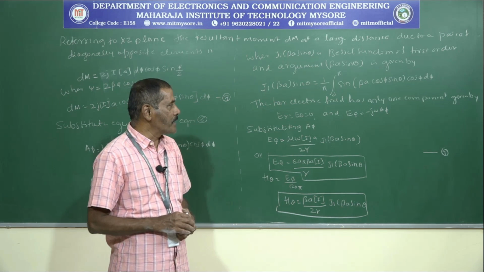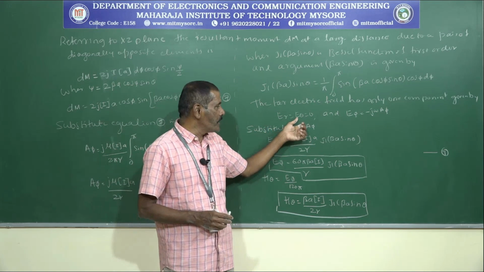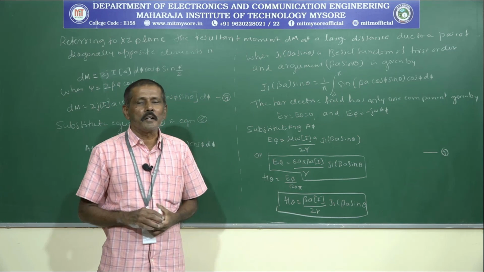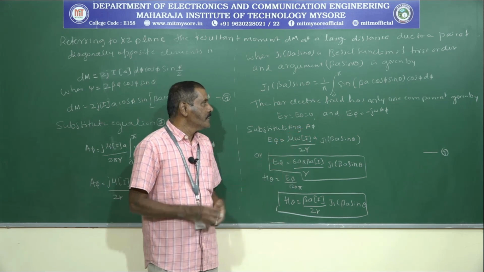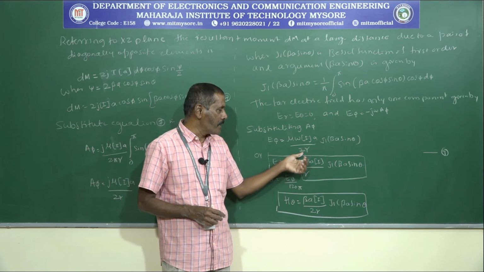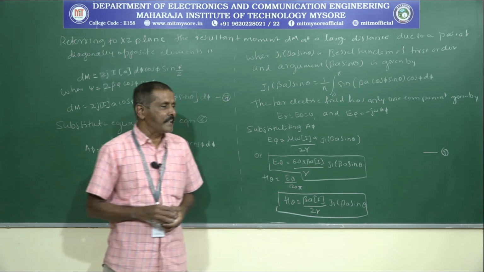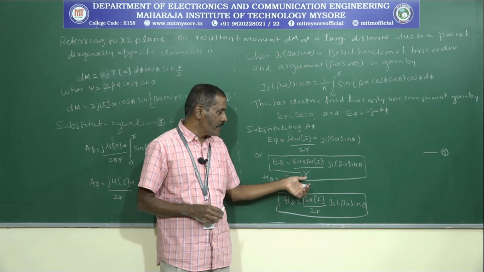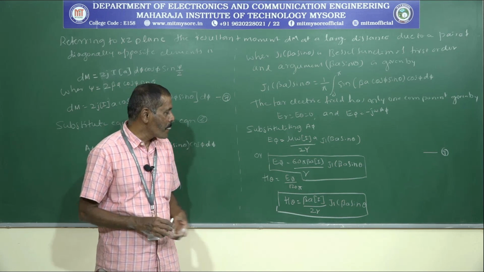And the far electric field has only one component, given by E r equal to E theta equal to 0 and E phi equal to minus j omega into A phi. Substituting A phi, E phi is equal to mu into omega divided by 2r, into J1 of beta a sin theta, or E phi is equal to 60 pi beta a I divided by r into J1 of beta a sin theta, call it equation number 9.